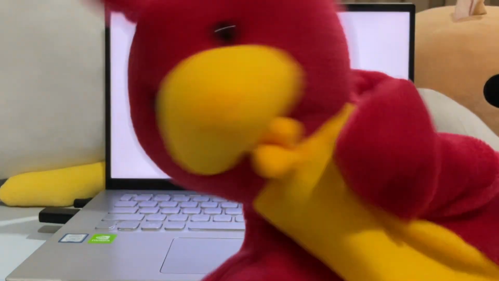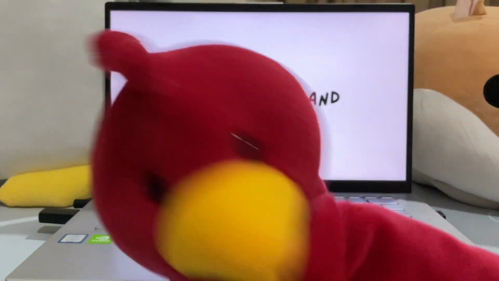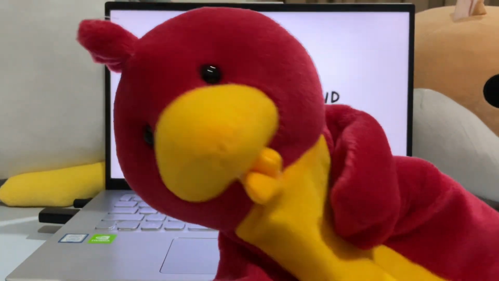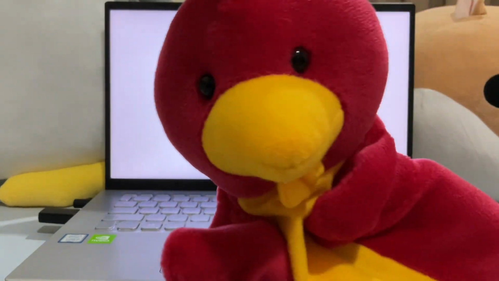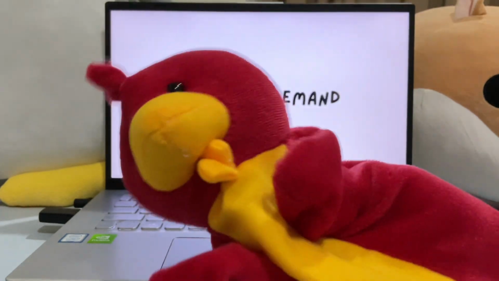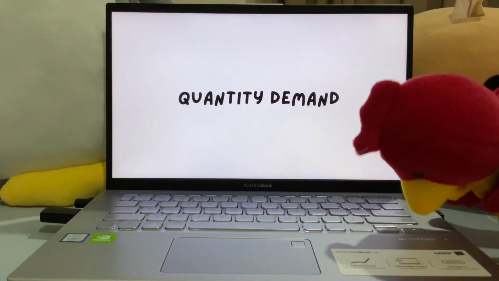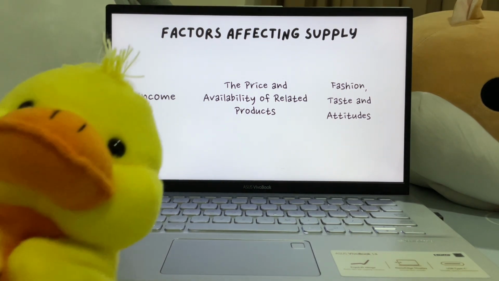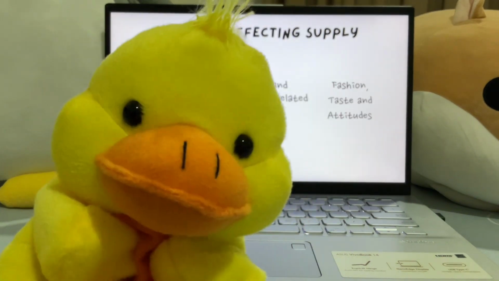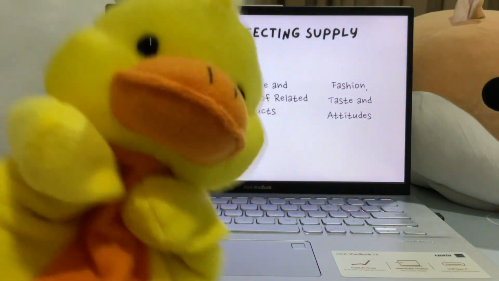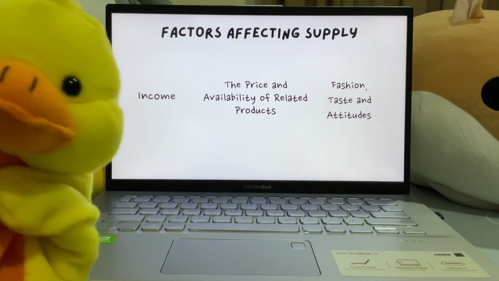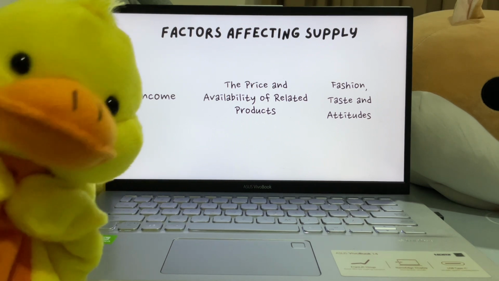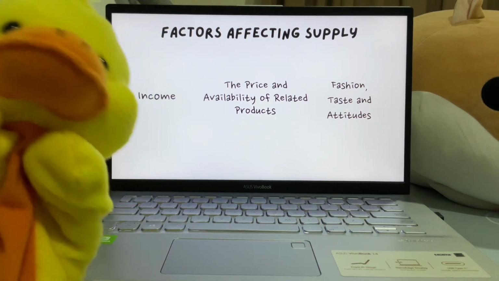Essentially, quantity demand addresses the question of how much a consumer is willing to purchase, while demand focuses on the consumer's overall willingness and ability to buy. Demand can fluctuate due to several factors, including income levels, the price and availability of related products, and fashion, taste, and attitudes.